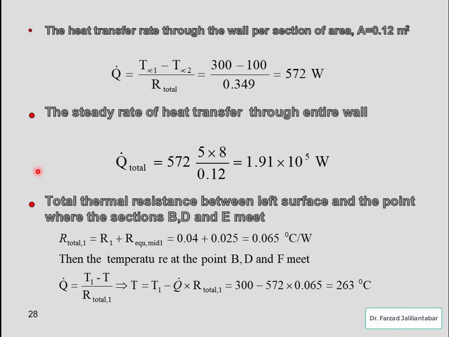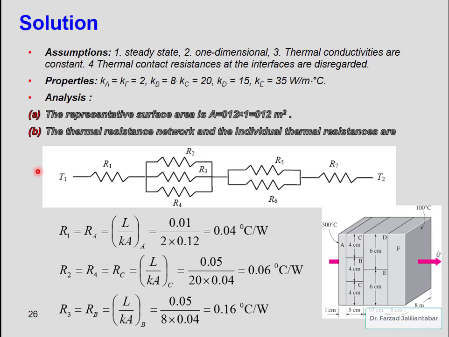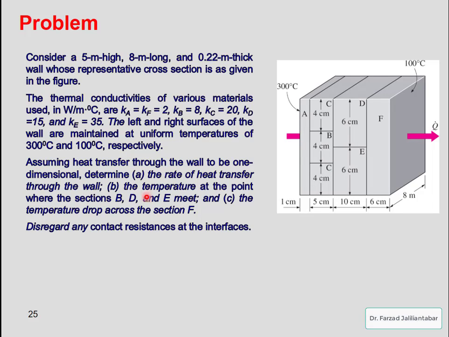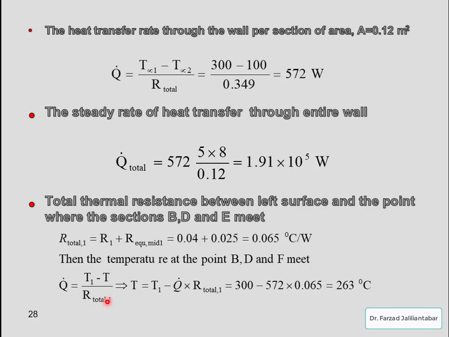Then to calculate the temperature at the intersection between the materials D, E, and B at this point, we should use this equation. Q dot equals T1 minus T divided by R total 1. Then by rearrangement, we will have this. This is the temperature at the interface, T equals T1 minus Q dot times R total 1.